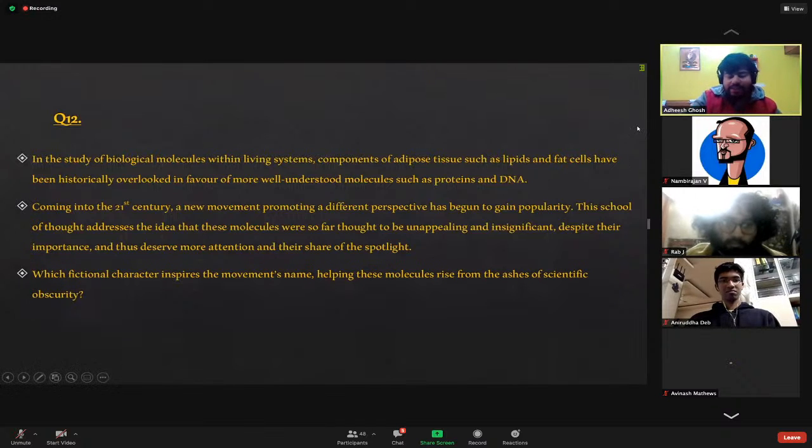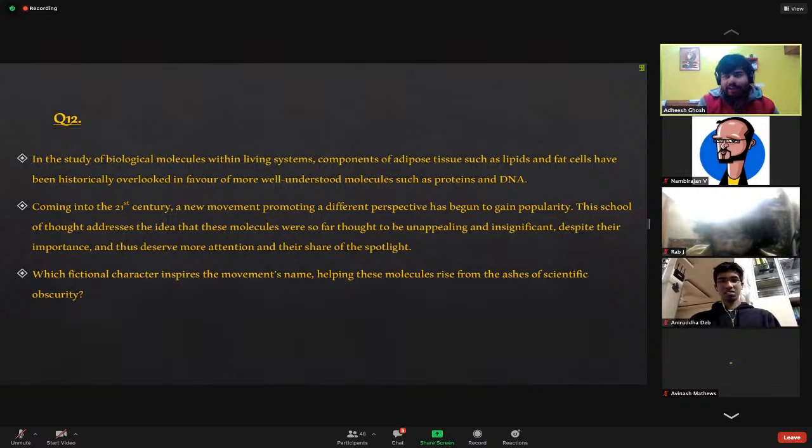This school of thought says these molecules, such as adipose tissue, were thought of as unappealing and insignificant, not given much attention, despite their importance. They deserve their share of the spotlight, to be studied more and talked about more in scientific circles.